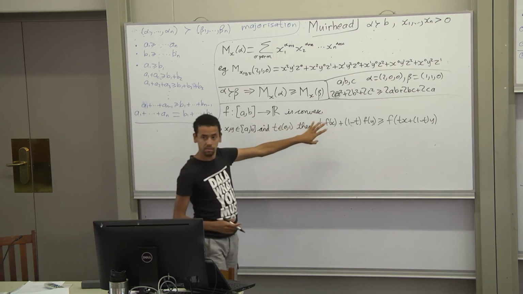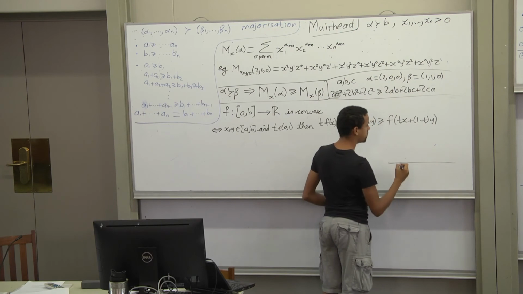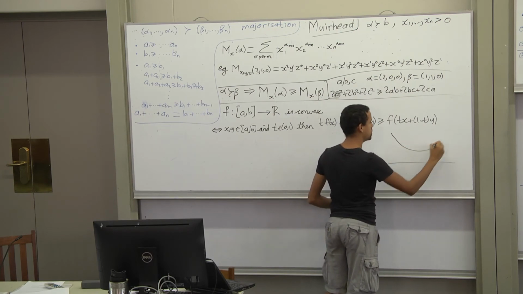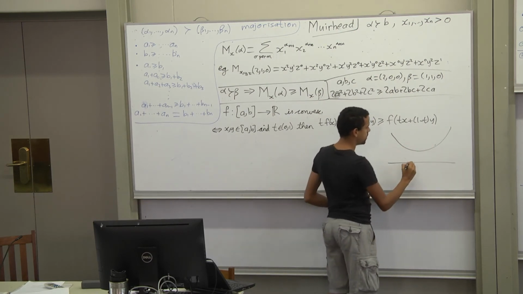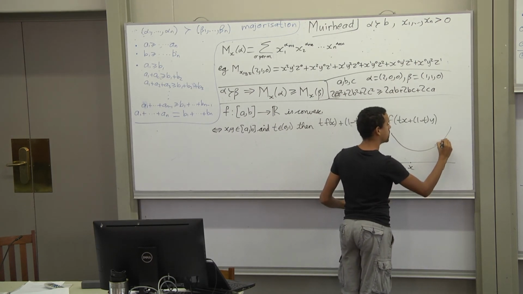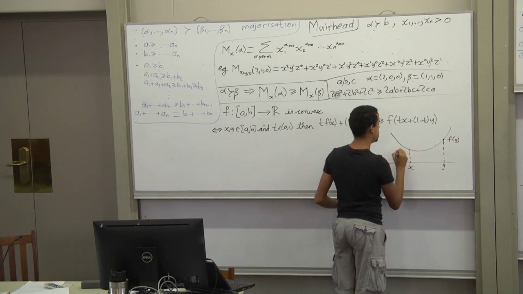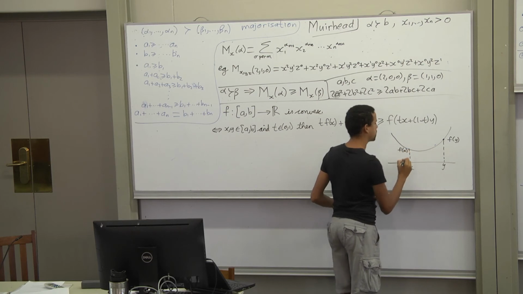What this condition means is that, let's draw a graph of our convex function. Let's say x is over there, y is over there. This is f of y, that is f of x.